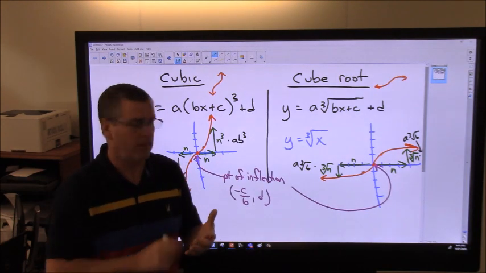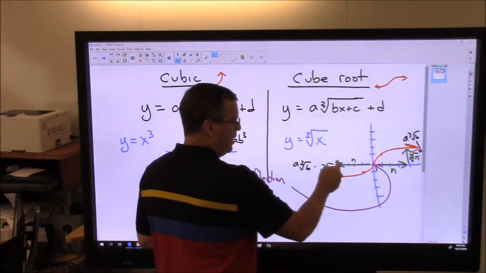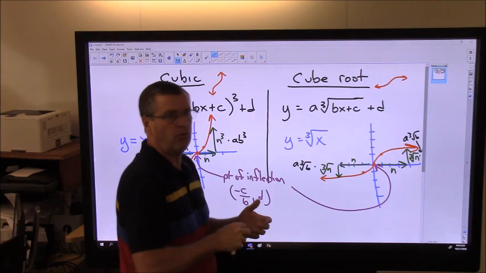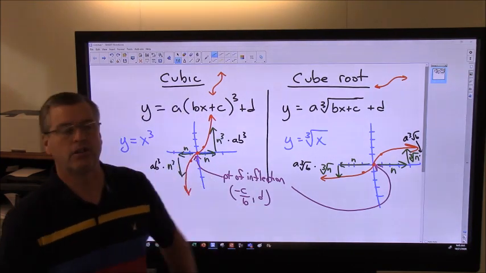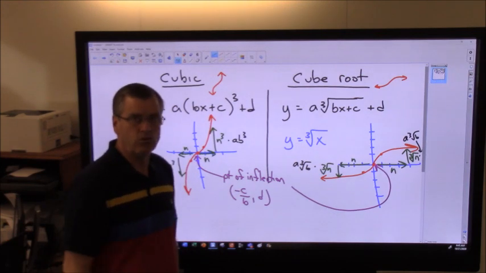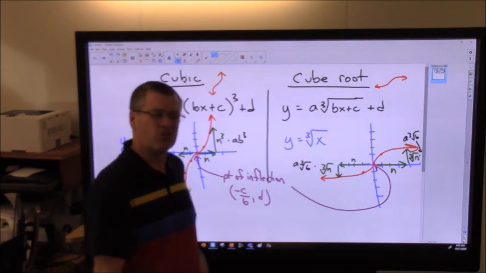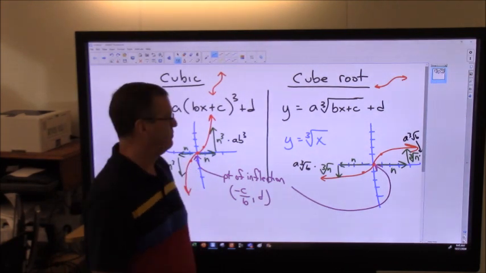I'd have to grab my calculator and say, if I go over 8 units, I should go down 2, so what's 2 times 1.8? Figure that out, and that's how far down I'm going to go. Okay, I could do that. The rules work for decimal numbers, it's just we want to try and keep it easy. Okay?